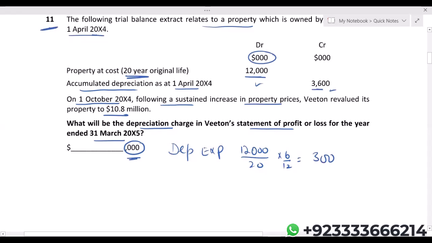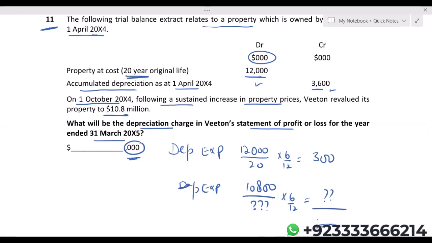Now we need to calculate the depreciation expense for the next 6 months after revaluation. After revaluation, the revalued amount is 10,800. We have to divide this by the remaining useful life, multiplied by 6 upon 12. So for depreciating the revalued amount of 10,800, we need the remaining useful life.